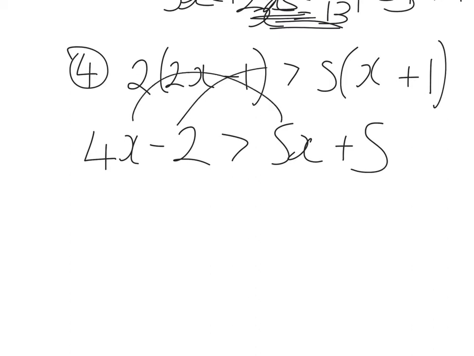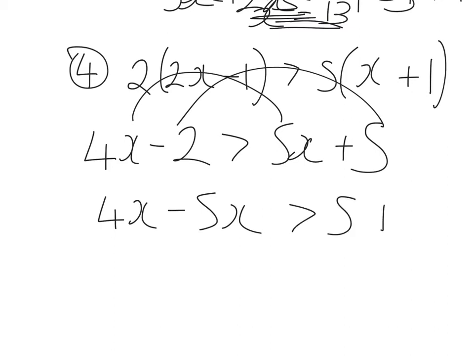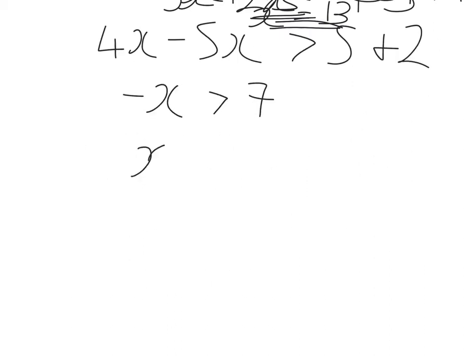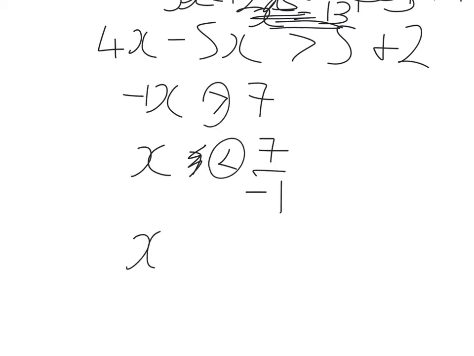Letters to the left, numbers to the right. 4x minus 5x is greater than 5 plus 2. 4x minus 5x is minus 1x is greater than 7. I'm now going to divide by minus 1, so that means I flip the inequality around because I'm dividing by the minus 1 here. So x is less than 7 divided by minus 1, which is minus 7. x is less than minus 7.